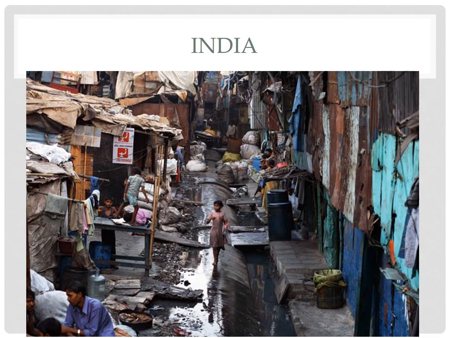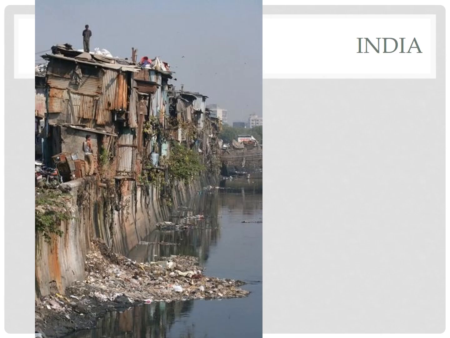So this is a squatter settlement in India. Clearly, this was not designed as a settlement, and this is an example of people building with whatever they can find, whatever is available to them. Once again, another example in India.